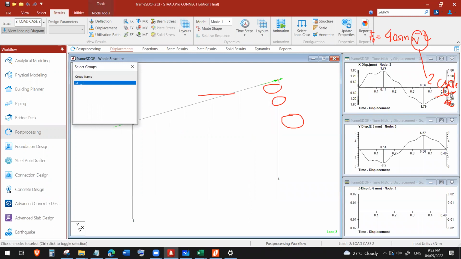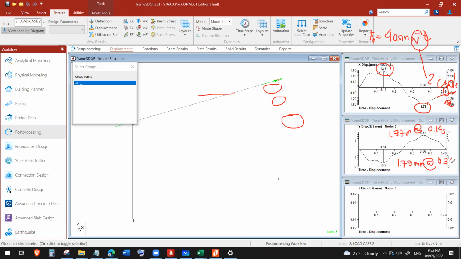Okay, so you will notice that we have a peak deformation of 1.77 millimeters at 0.14 seconds, and also almost the same, 1.79 millimeters at 0.36 seconds.